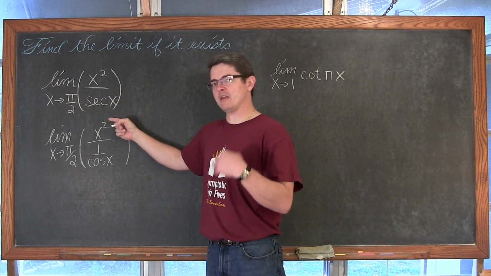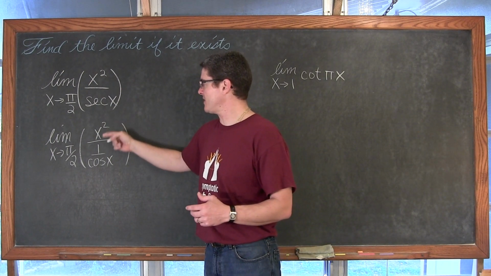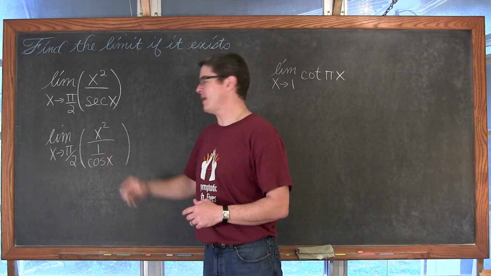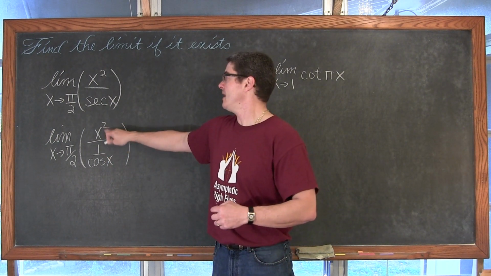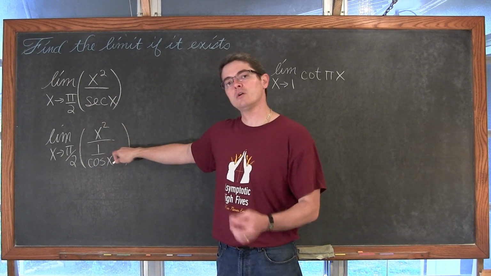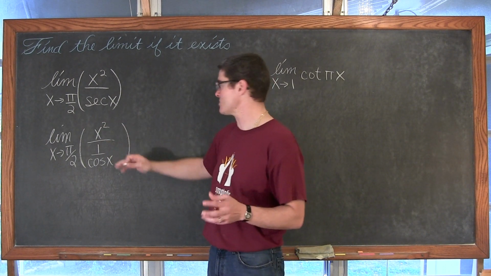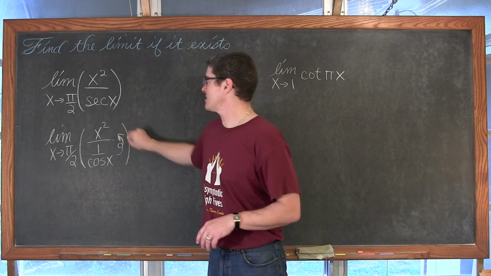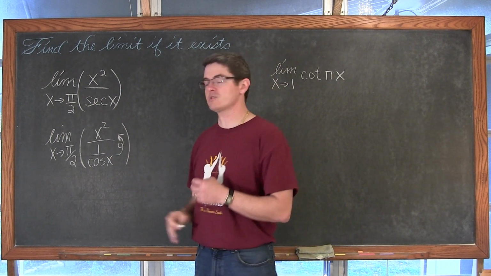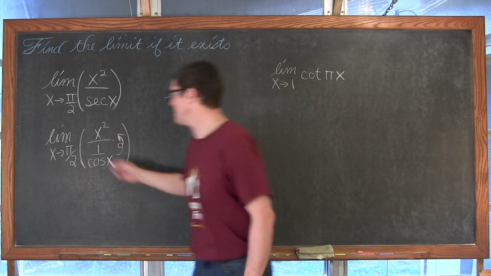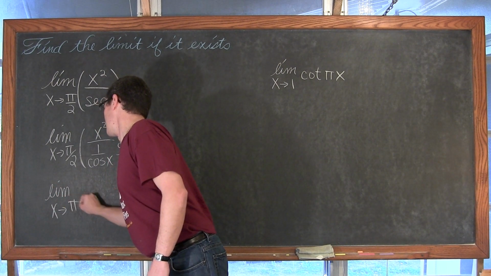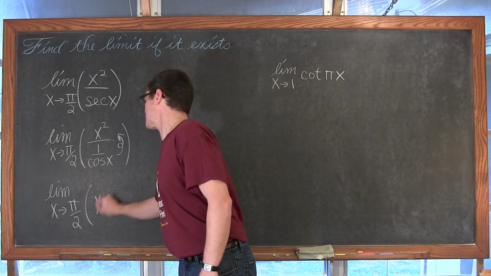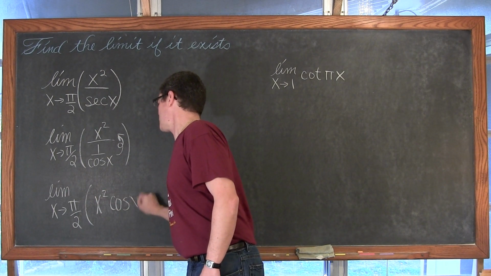When you have a fraction over a fraction, let's not forget, this means division. So x squared divided by 1 over cosine of x is equivalent to taking that denominator and flipping it up and changing the division to multiplication. So this just becomes the limit as x approaches pi/2 of x squared times the cosine of x.